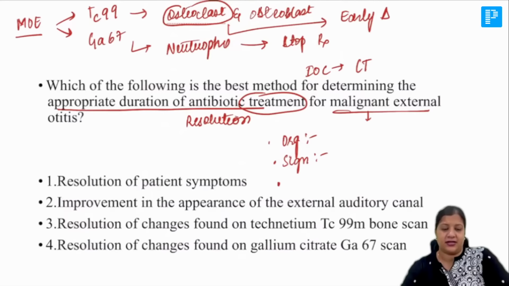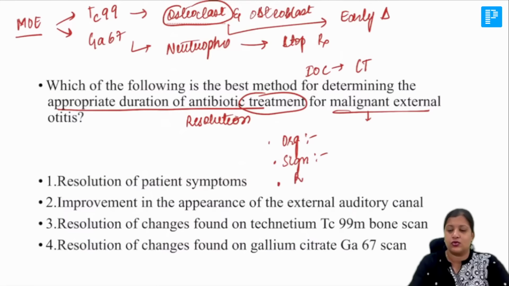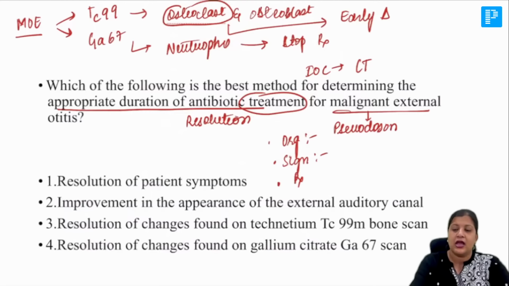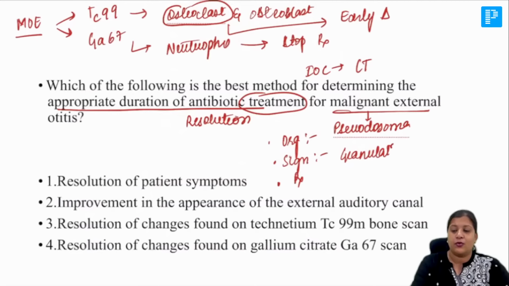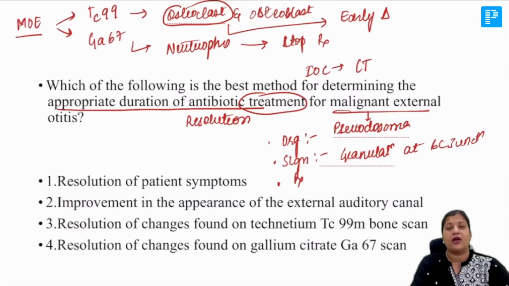Yes, it is Pseudomonas, that is the organism responsible for causing it. On examination, what do you see? We are going to see granulation tissue at the bony cartilaginous junction, this is the hallmark of the disease. Yes, antibiotics could be anti-pseudomonal antibiotics like piperacillin, ticarcillin, those are the drugs of choice.